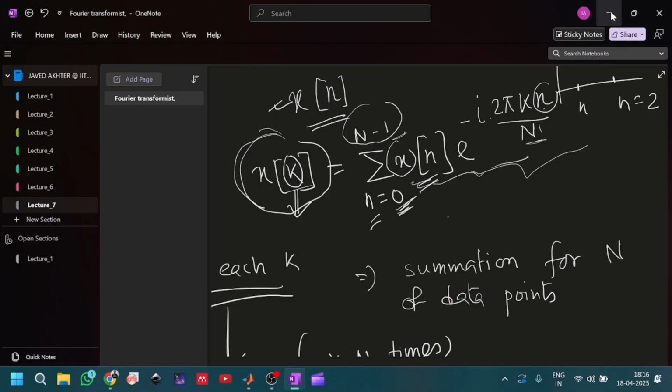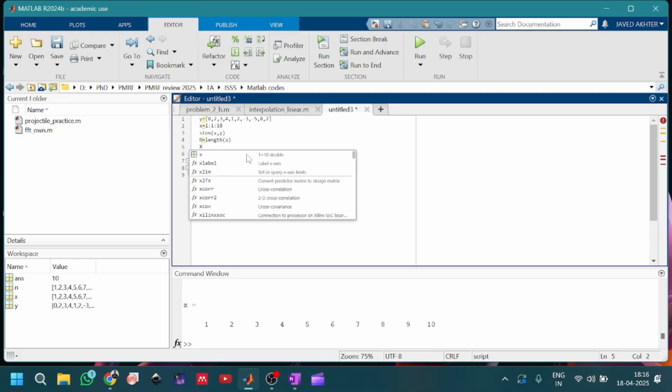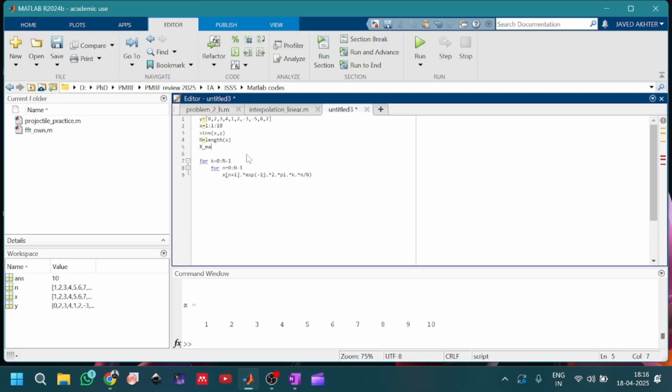So this is how you are getting this value, and remember, you have to do the summation. Since you have to do the summation for each of the n, you can create an array initially. So for example, x val or something. So it will be zeros 1 comma n.